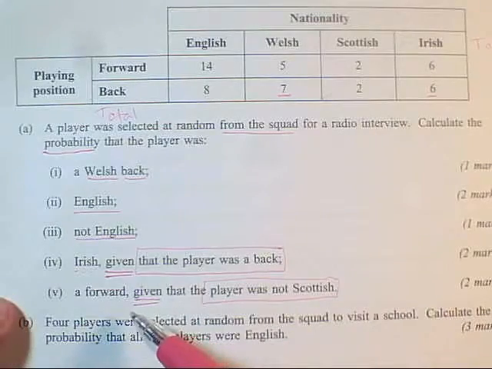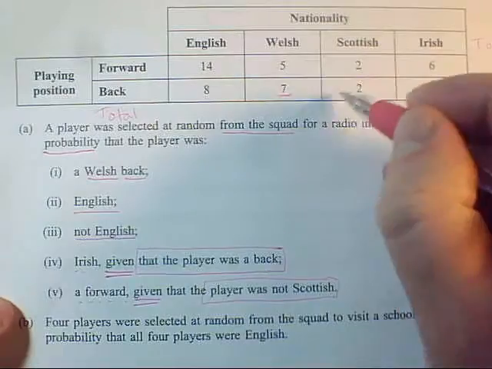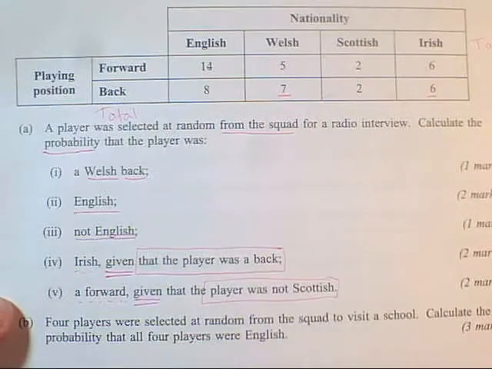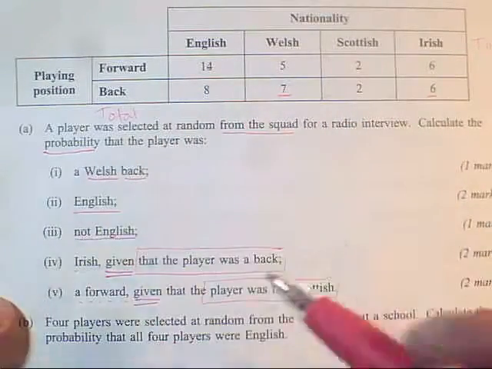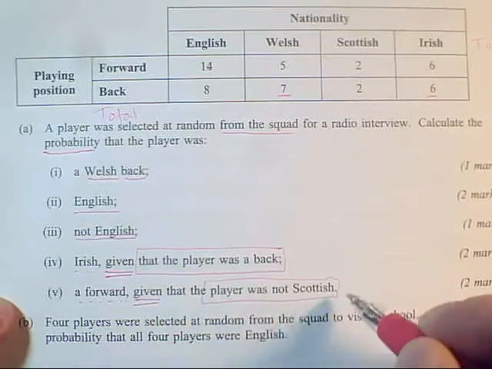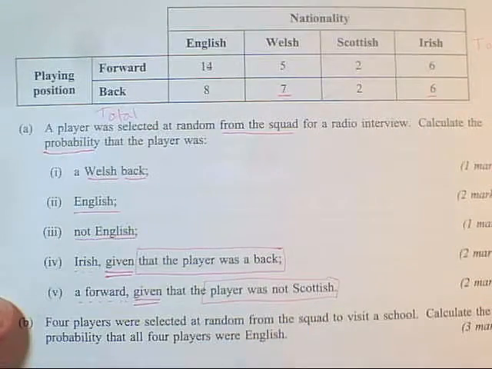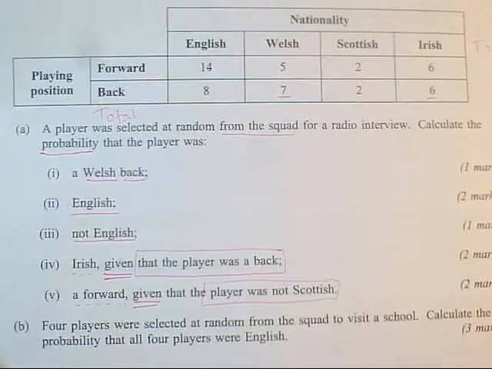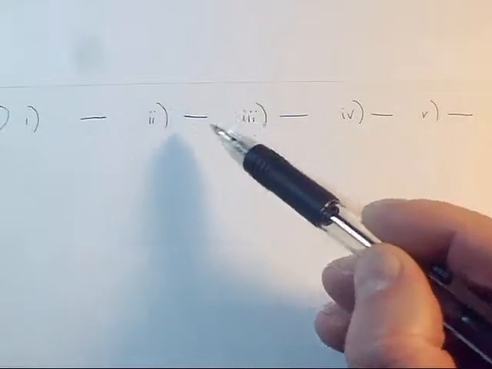I'm interested in the probability they are forward, ignoring this column again, so I need to combine the numbers of forwards. The top number is the combination of the non-Scottish forwards, but the bottom number is the total number of all the players in the table who are not Scottish. In the template, all of these answers are just fractions, where you supply the top number and the bottom number each time, as we've discussed.